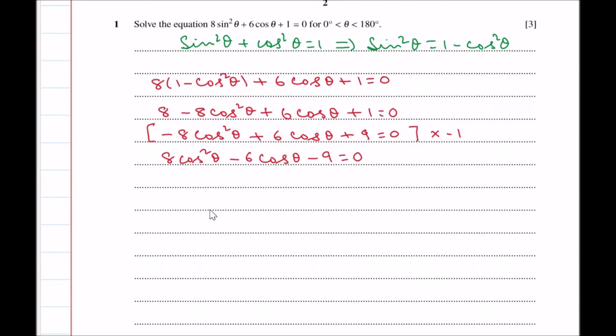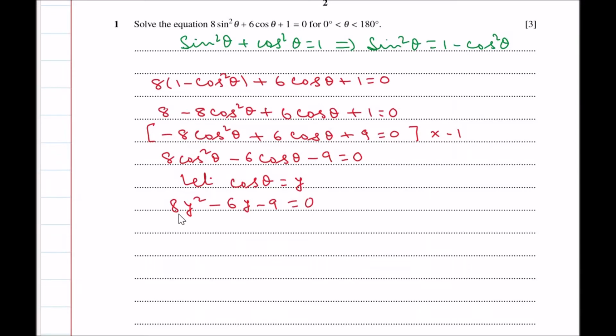Now let cos theta be equal to y. So our equation is 8y square minus 6y minus 9 equals 0. Now this can be factorized.